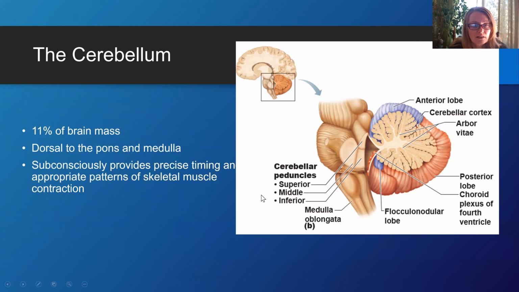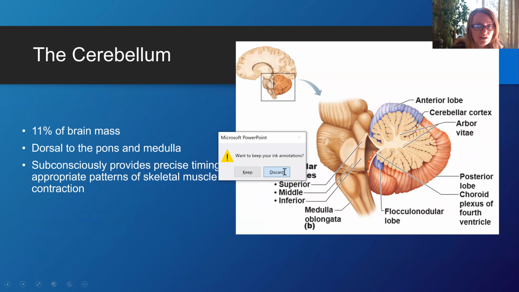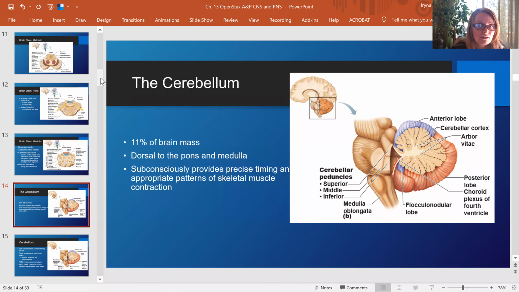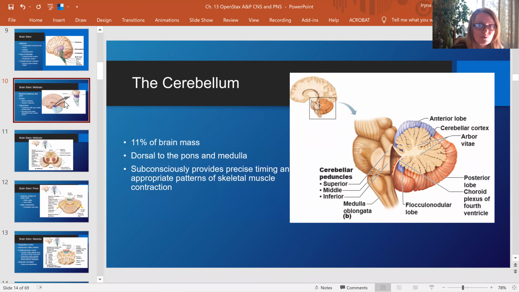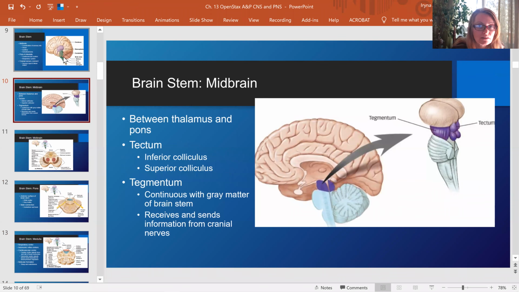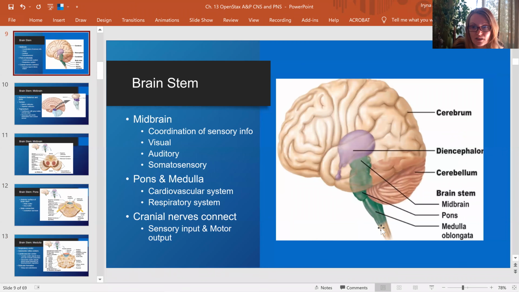So just to make a very short summary, if we're talking about the brain stem, that is shown here in green, midbrain, pons, and medulla. If you look at a cross section, you will see associations of cell bodies that make nuclei.